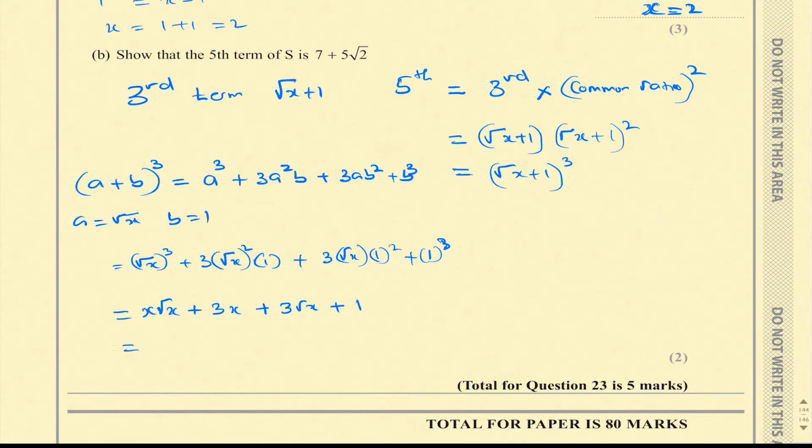And don't forget that x is 2, because x equals 2, so I'm going to have 2 root 2 plus 2 times 3, 6, plus 3 root 2 plus 1, and that will give me 7, 6 plus 1, plus 5 root 2. So that's the answer, 7 plus 5 root 2.